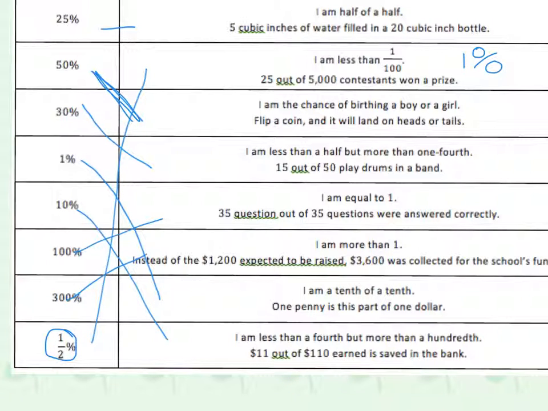I'm less than half, but more than 1/4. Well, less than half, that's 50%. 1/4 is 25%. So the only one that's between there is 30%. I'm equal to 1, 35 out of 35. If I got 35 out of 35 correctly, I would have 100%. So equal to 1.